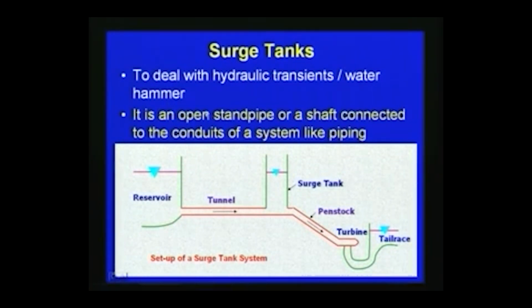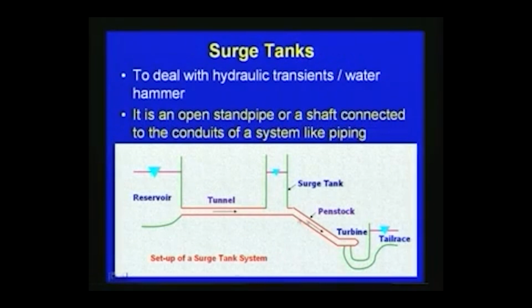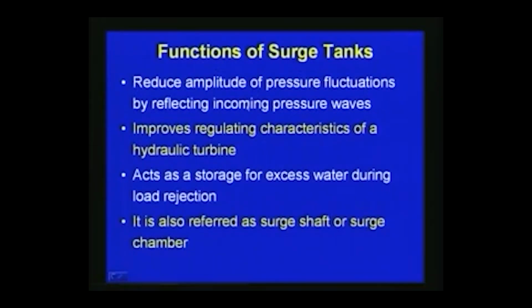Here you can see that the surge tank is an open standpipe or shaft connected to the conduits of a system like piping. A typical surge tank is shown here. Some functions of the surge tank include reducing the amplitude of pressure fluctuations by reflecting the incoming pressure waves, and improving the regulating characteristics of a hydraulic turbine.